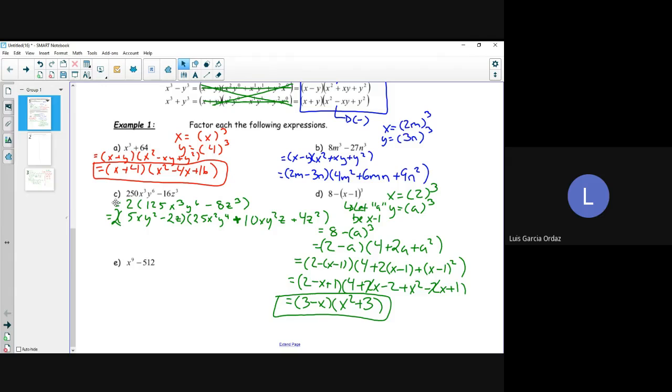And last but not least, we are going to move on to the last example. So we have x to the 9 minus 512. Both of these have a cubic root. So the cubic roots are (x to the 3) to the power of 3 minus 8 to the power of 3.